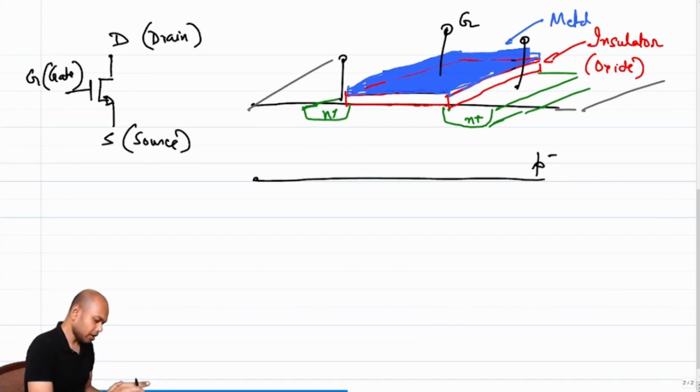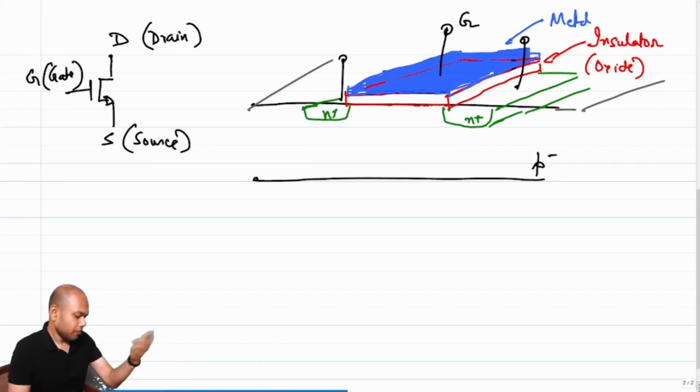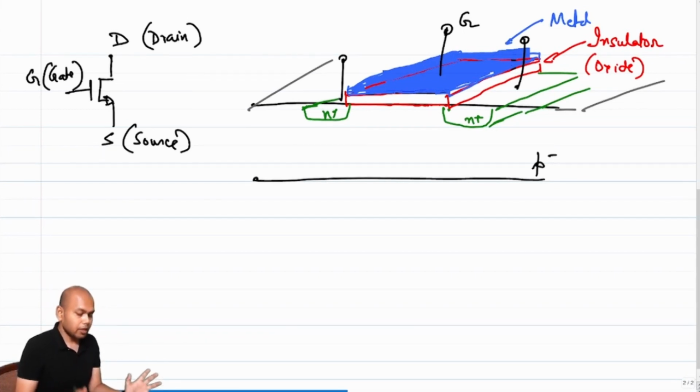So now you might either already know or might be curious as to which one I should call drain and which one I should call source, simply because physically or geometrically they look identical, right? As it turns out, which one we call drain and which one we call source depends on from which side the carriers are flowing.